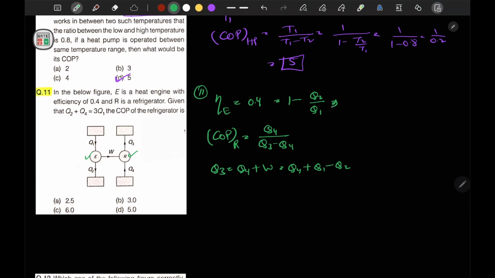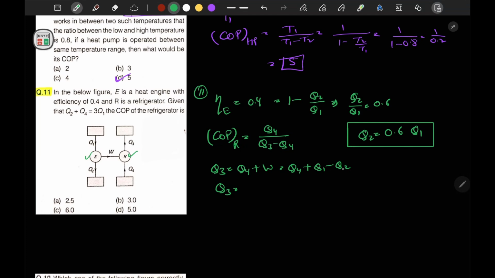From the efficiency, we can calculate the value of Q2 by Q1 is equal to 0.6, so Q2 is equal to 0.6 times Q1. This is the first relation we get between Q1 and Q2. Further, Q3 is equal to Q4 plus Q1 minus Q2.